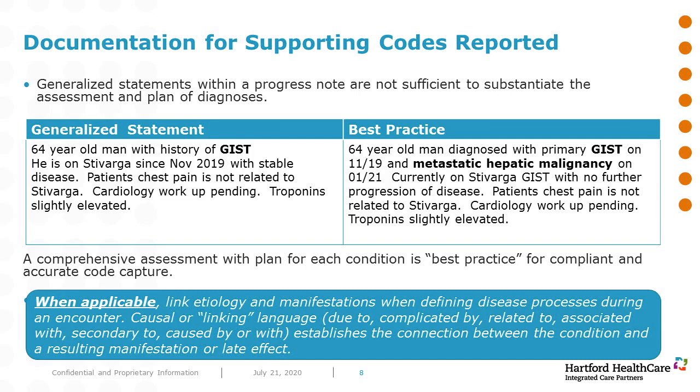Cardiology workup is pending and troponin slightly elevated. A comprehensive assessment with plan for each condition is best practice for compliant and accurate code capture. It is also important to link etiology and manifestations when defining disease processes during an encounter.